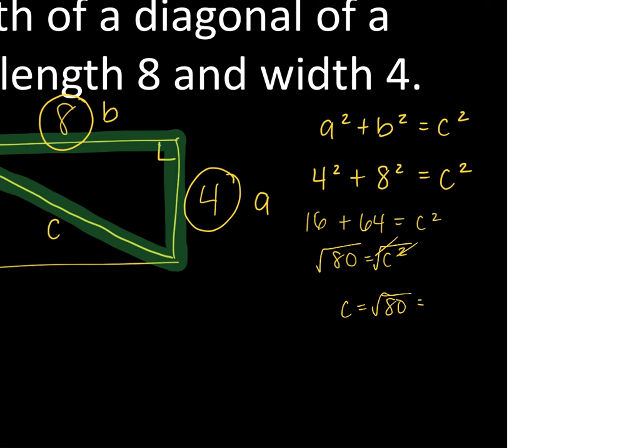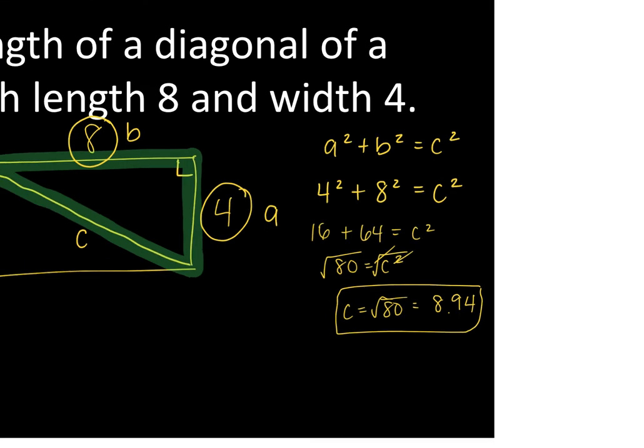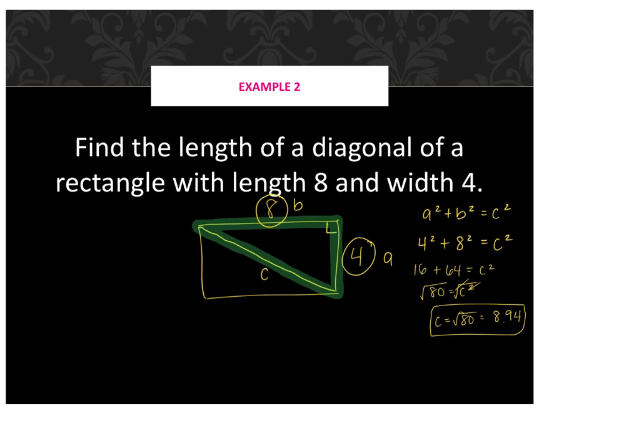Someone confirm that you got 8.94. Yeah. You got that, Samantha? Okay. Can I get a Zoomer to confirm that? Yeah, I got that. Thank you, Juliana. Okay. Any questions on example 2? Okay. Was there a question? No? Okay.